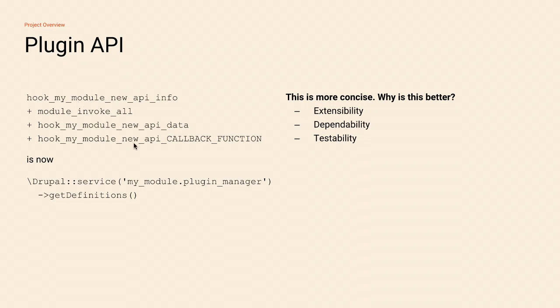But what I was able to do with the Salesforce module, and what we're able to do now in Drupal 8, is replace all kinds of the old way of doing things with something that is more extensible, more dependable, more testable. Before we had API info hooks. We have module invoke all. We have API data hook. We have API callback function. All that now is done with plugins.